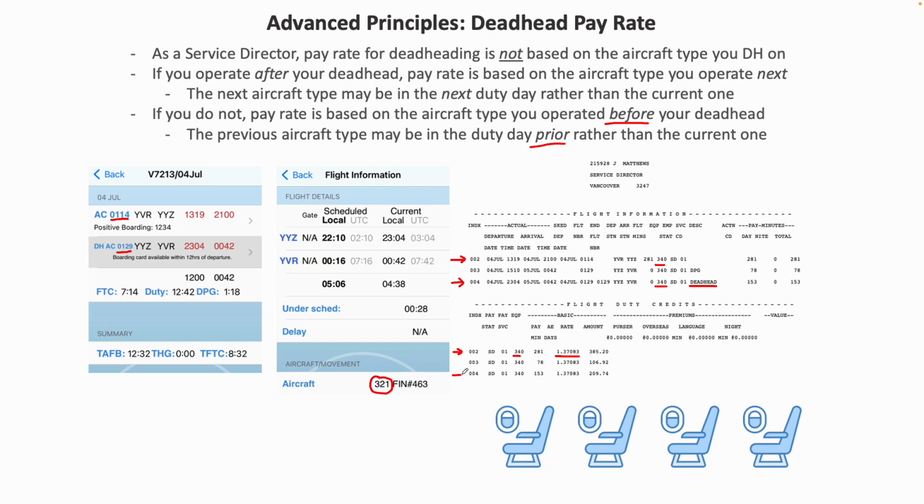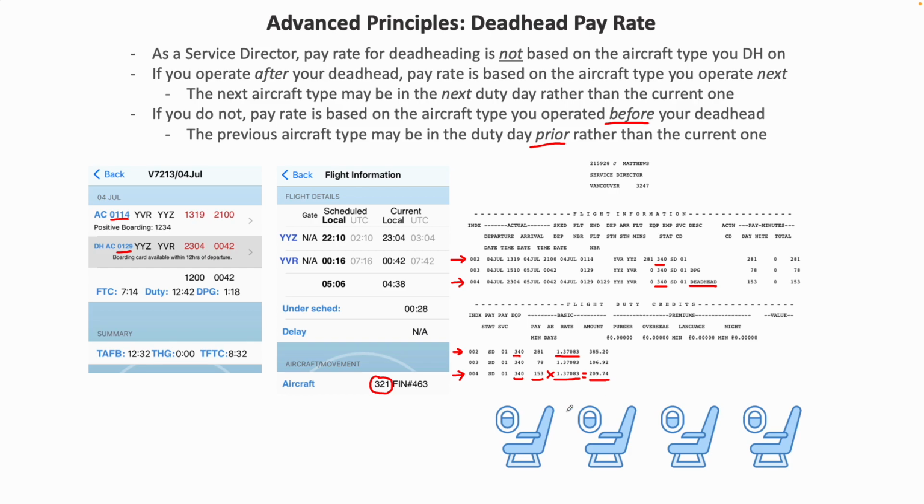So when you look at index item 4, you can see that indeed the 330 rate is in effect for this deadhead as well. So 153 pay minutes times the $1.37 per minute comes out to $209.74 in terms of what we've been paid.